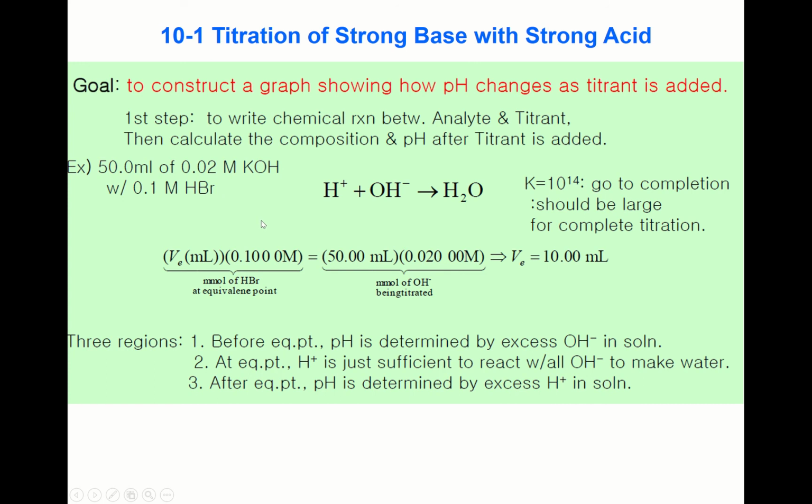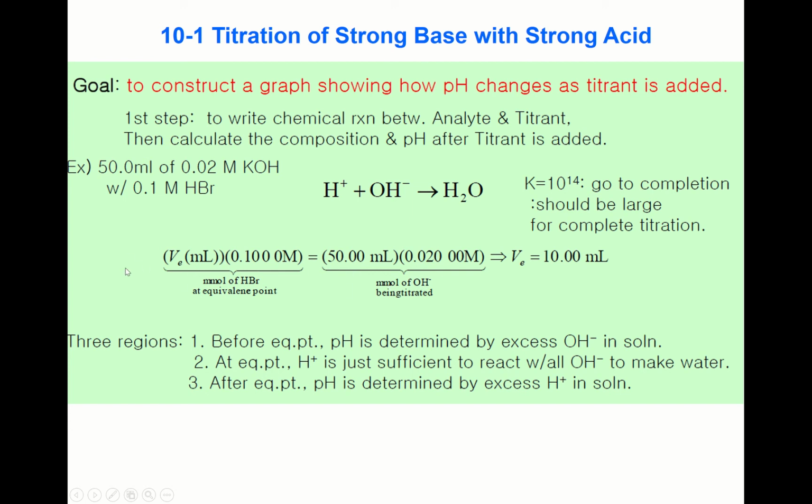What is the volume of HBr? The number of moles is the volume multiplied by concentration, and it is equal to the moles of hydroxide ion. So we can set up this equation.